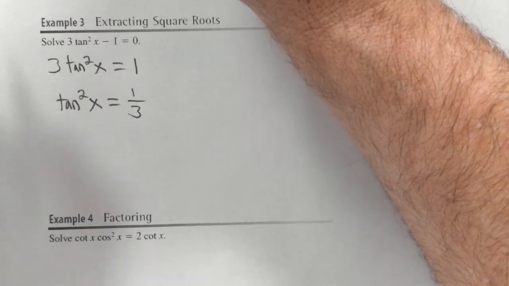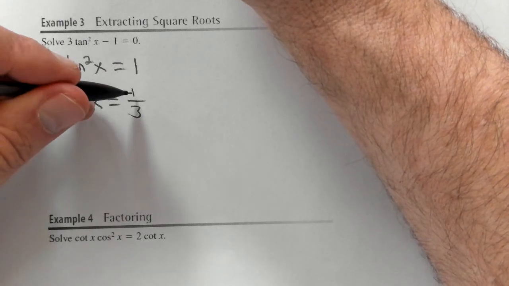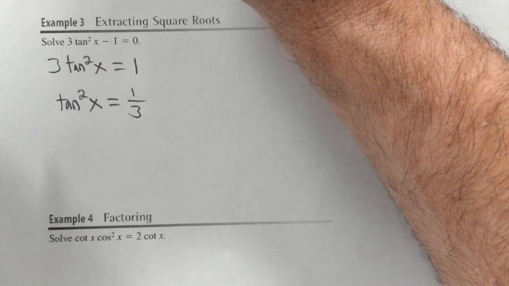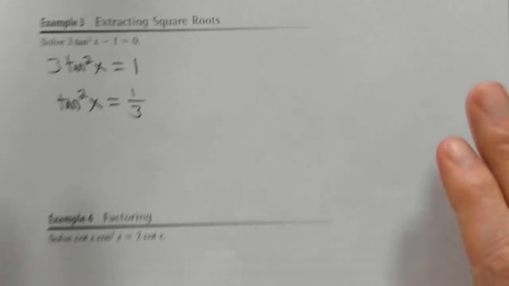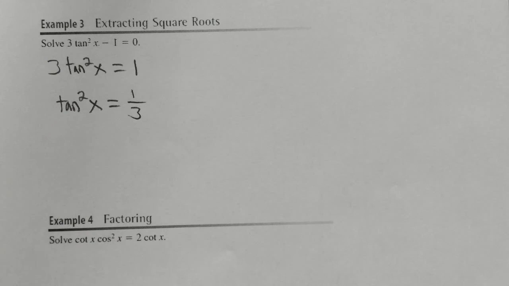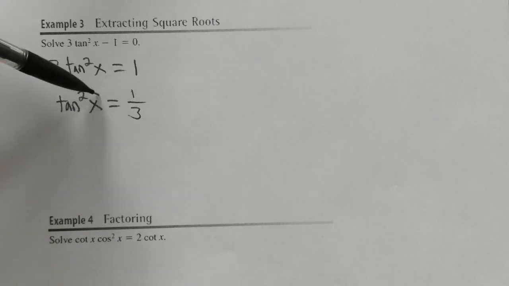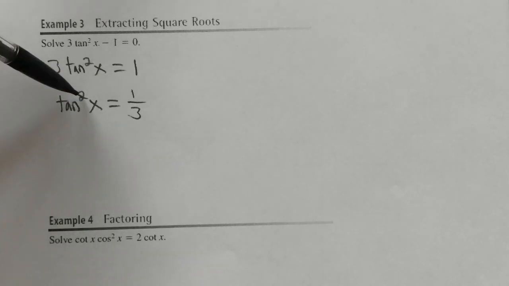All right, so now the question is, what are we going to do from here? So tangent squared of x equals 1/3, right? And remember what this refers to, right? This is tangent of x times the tangent of x, right? So it's happening twice, so it's tangent squared of x. All right? So think back when you were solving any kind of equation with a squared in it. Well, what's the opposite of squared?